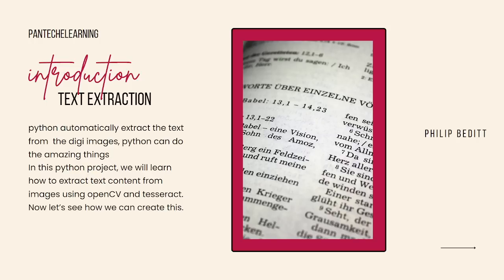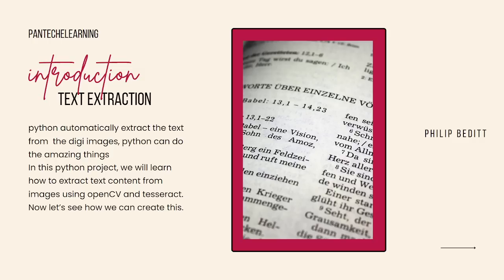Python can do all the amazing things, because Python computer vision technology gives some magical and amazing ways of converting things. That's why we always consider artificial intelligence technology very helpful for human tasks.